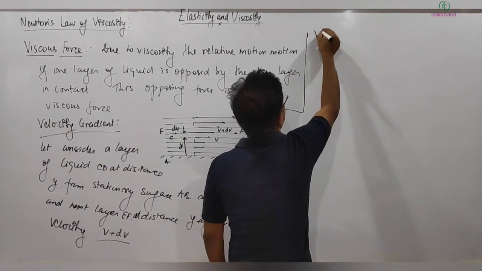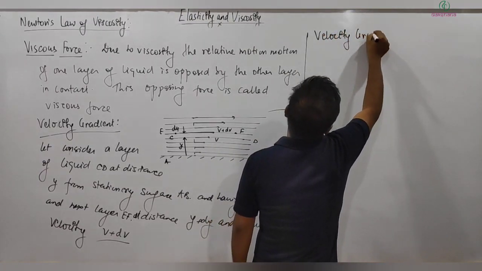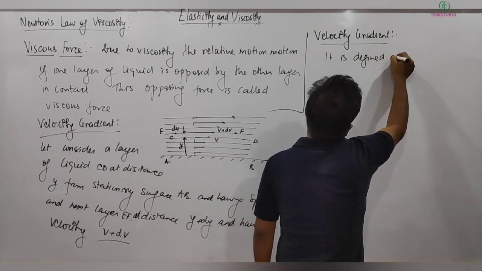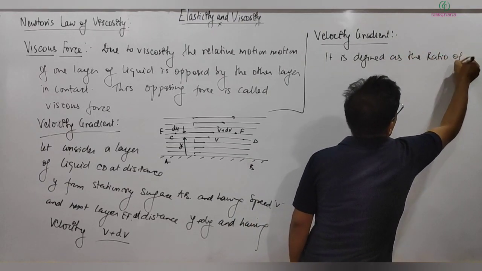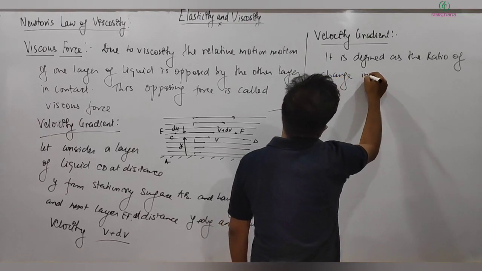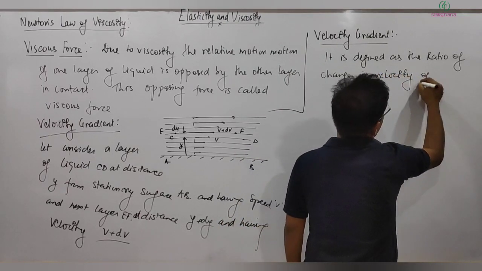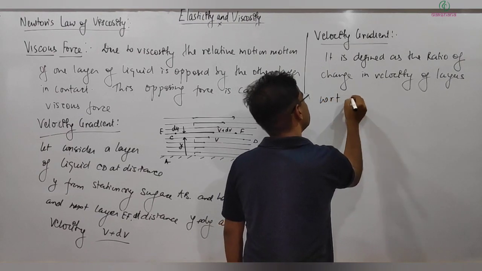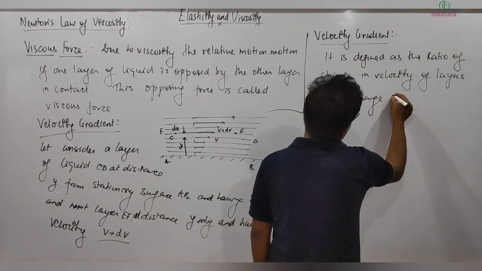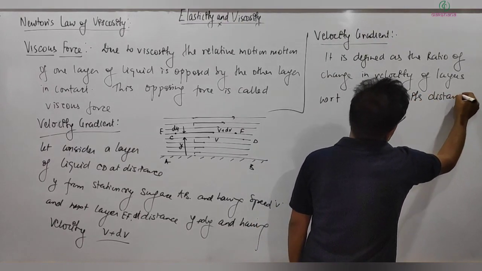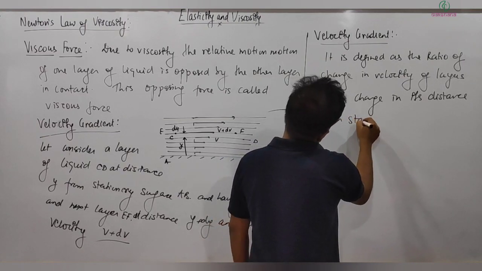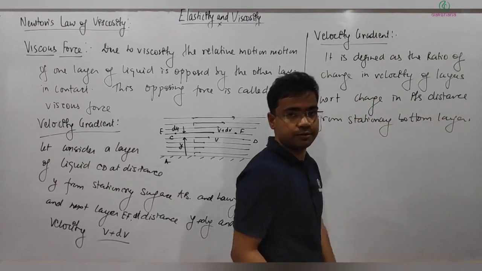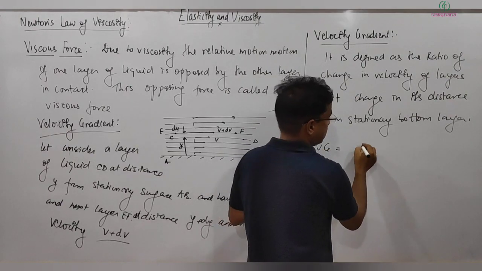The velocity gradient is defined as the ratio of change in velocity of the layer with respect to the change in its distance from the stationary bottom layer or fixed surface. Let me write velocity gradient as Vg, which is equal to dv.